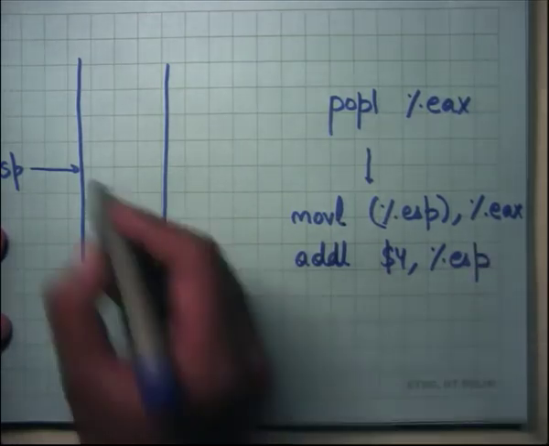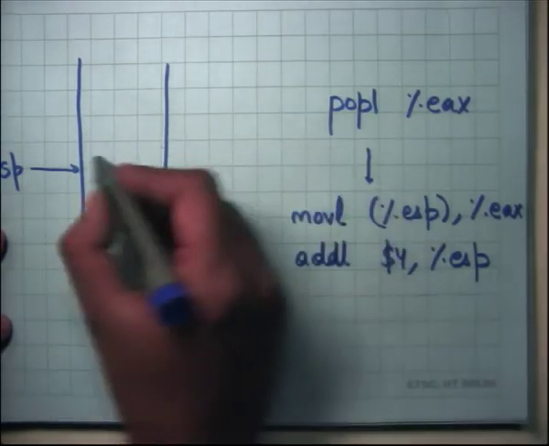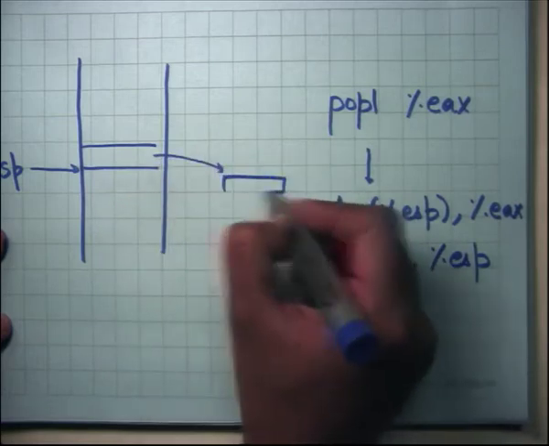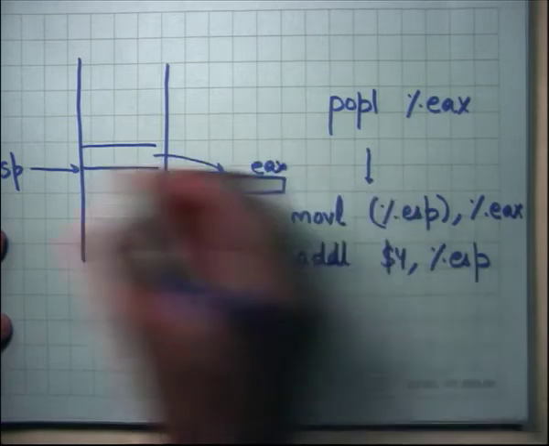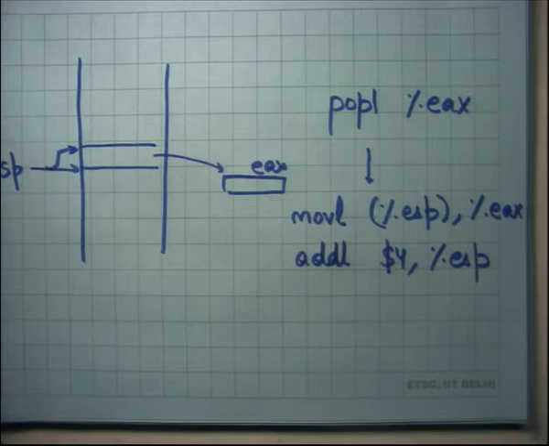So in other words, let's say ESP was pointing here and you executed pop. Whatever was contained here is now going to go to the EAX register, and the stack pointer is now going to point here. So push grows the stack, pop shrinks the stack.